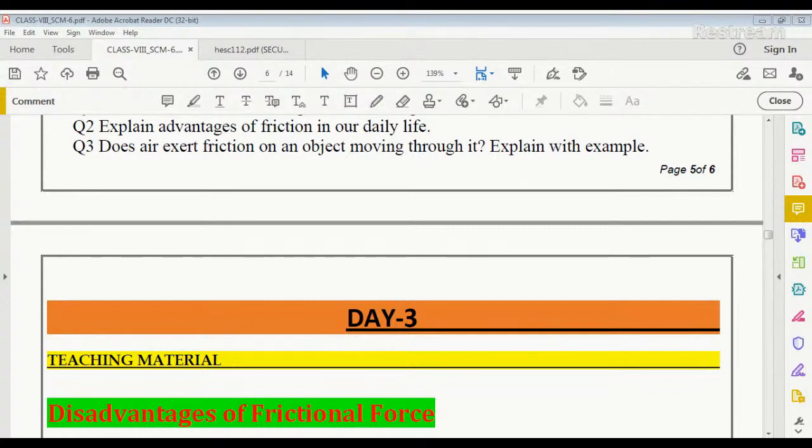So the tires of a vehicle, the soles of shoes, etc., are some examples of wear and tear of objects due to frictional force. Now, these are the disadvantages.